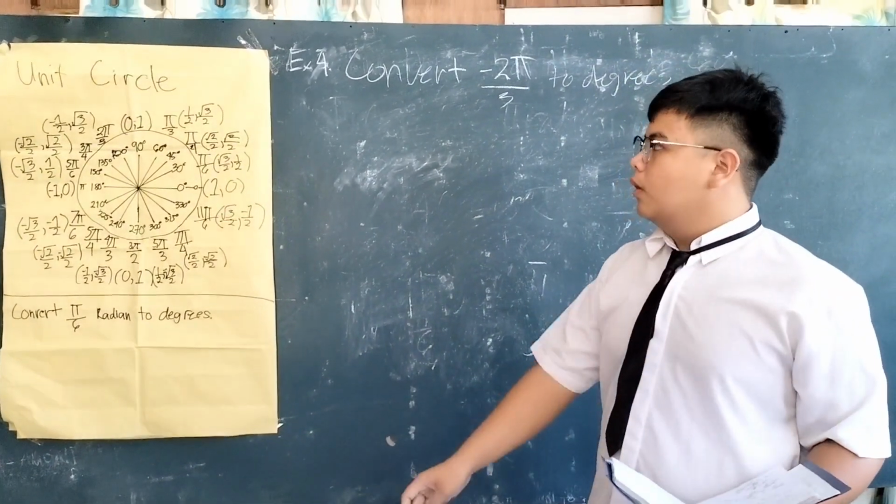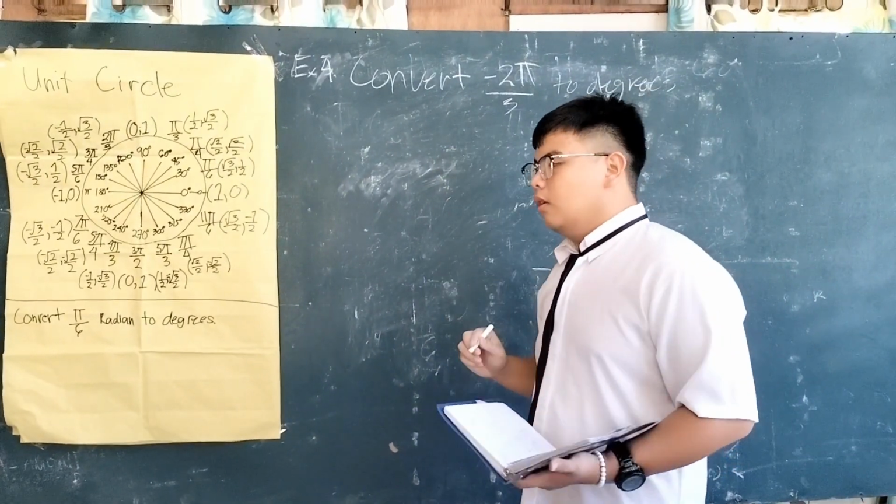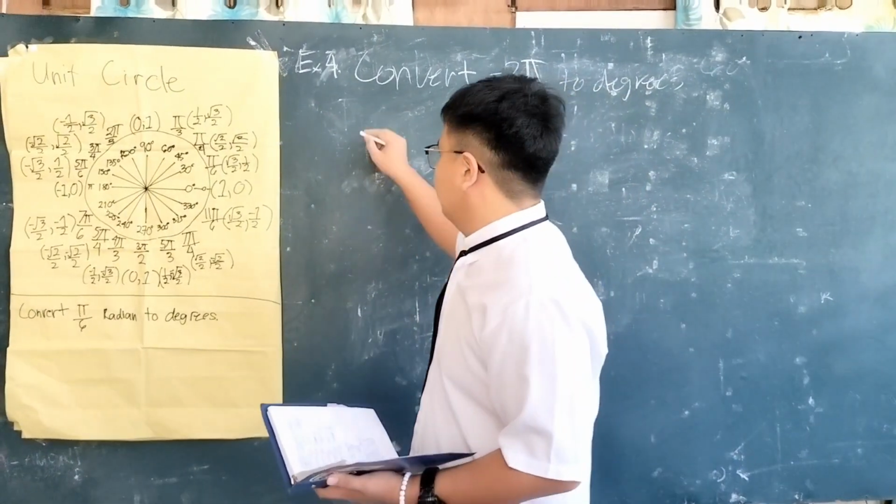So we need to use the formula from example one, which is 180 degrees over pi radian.